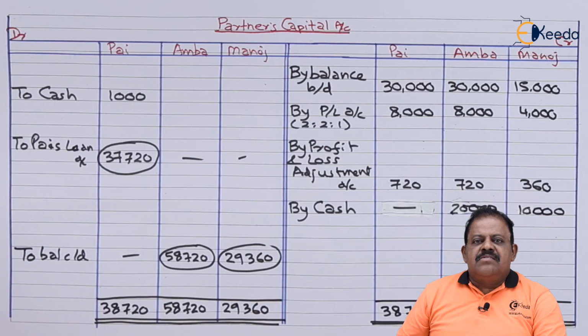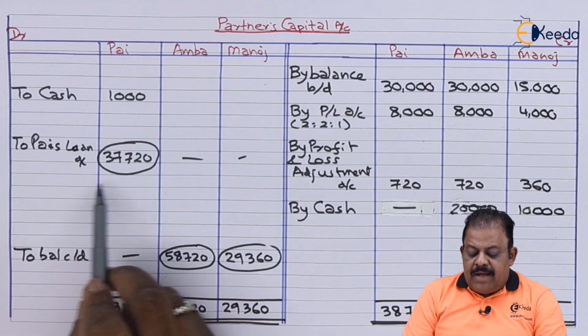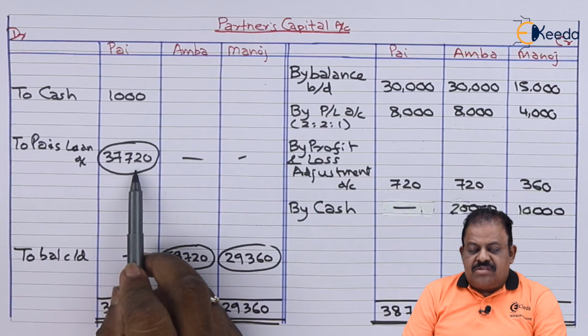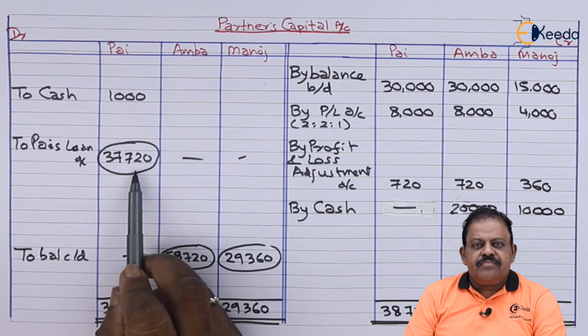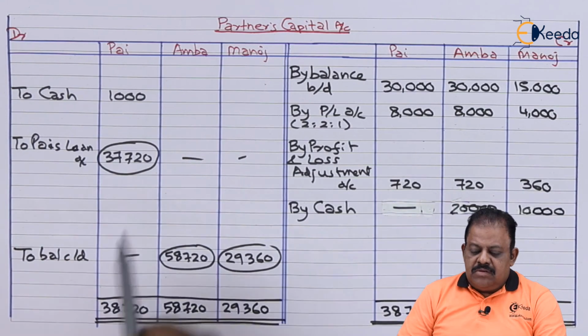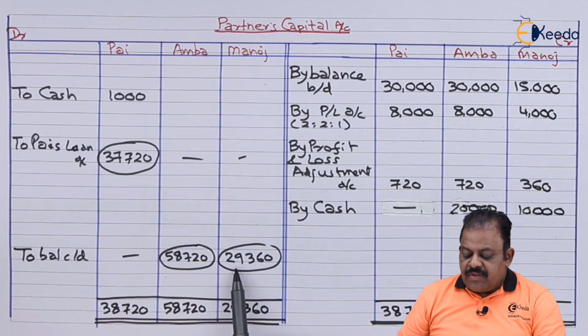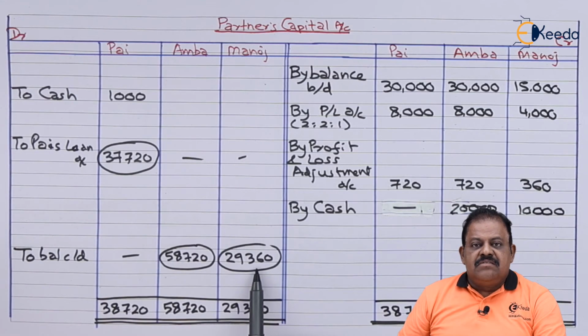We have closed partners capital account. In case of Pai, we are getting balance amount payable 37,720. This is transferred to Pai's loan account. In case of Amba and Manoj, we are getting balance 58,720 and 29,360. These are closing capitals which will be transferred to liability side of new balance sheet.